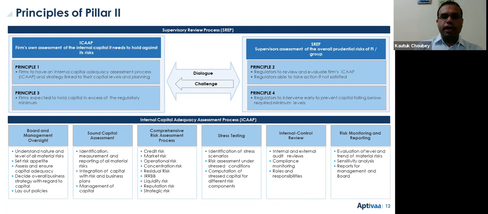Now, for performing the internal capital adequacy assessment process, a bank needs to follow these four modules or principles. The first one, or the most important one, is to have management and board oversight. Because this process, which is ICAAP as a whole, requires input and integration from multiple dimensions and multiple entities within the bank, it is extremely important that this is overseen by the board and the management of the bank.